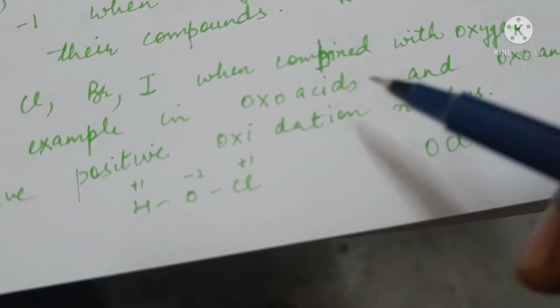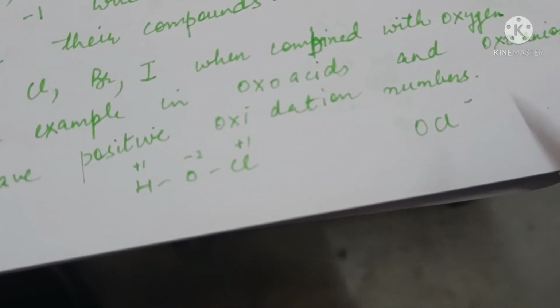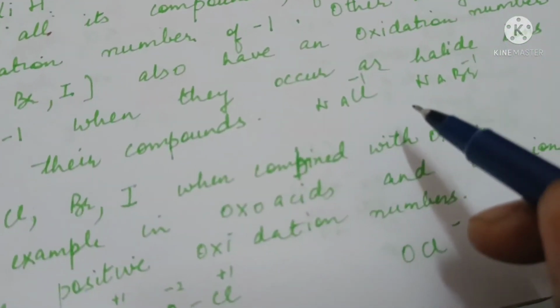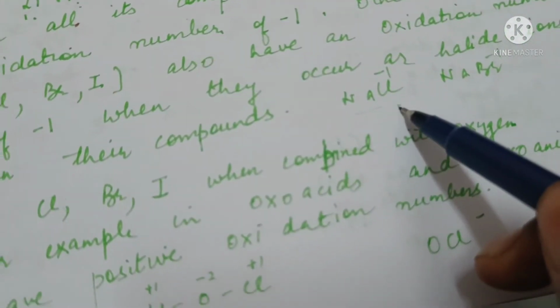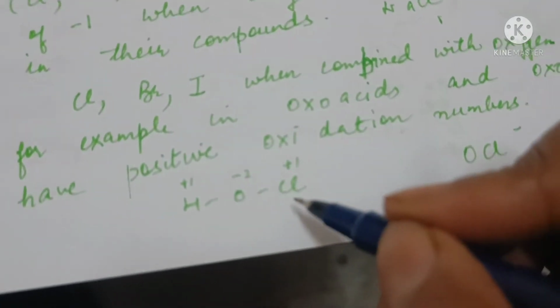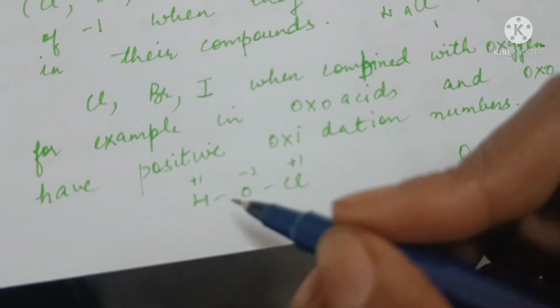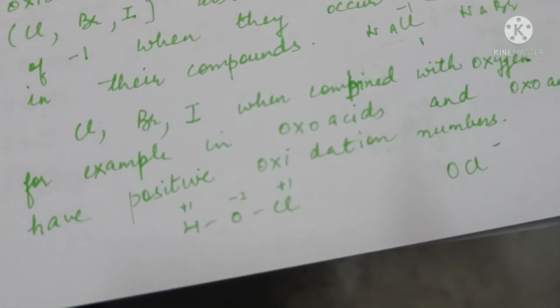Similarly, in oxoacids and oxoanions, they can have a positive oxidation number. So normally as halides, chlorine, bromine, iodine will have a -1 oxidation state, but in oxoacids, they will have positive oxidation states.